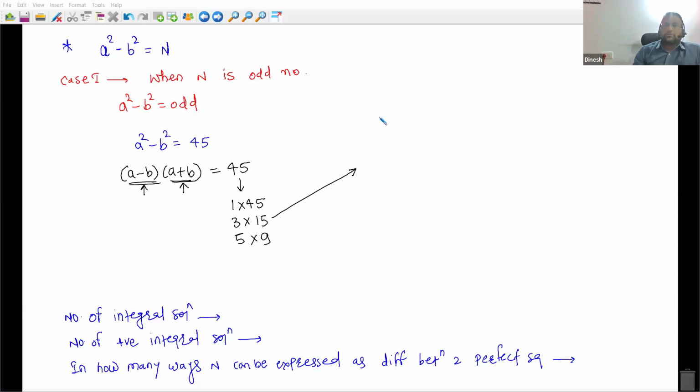So now how do we get the solution? Let's learn with the help of this pair, everyone. This 3 into 15 pair will generate 4 new pairs. Let's have a look at it. 3 into 15, what does this mean? a minus b is equal to 3, a plus b is equal to 15.